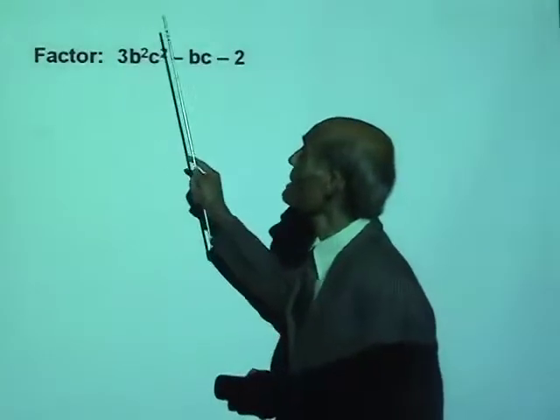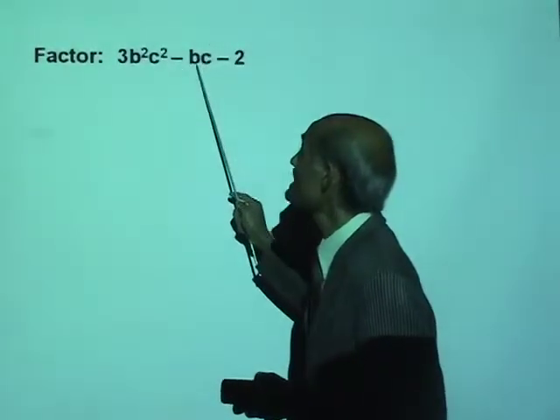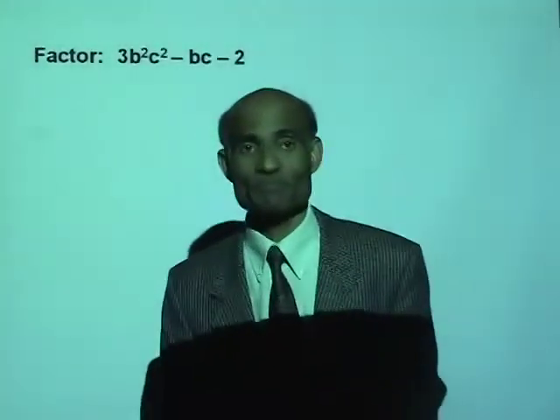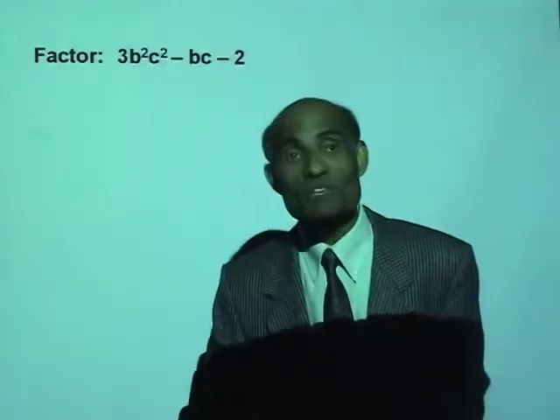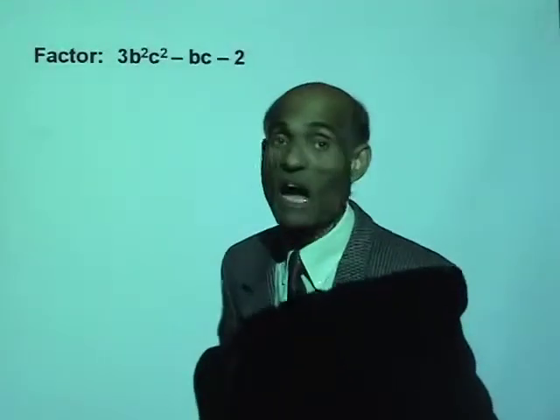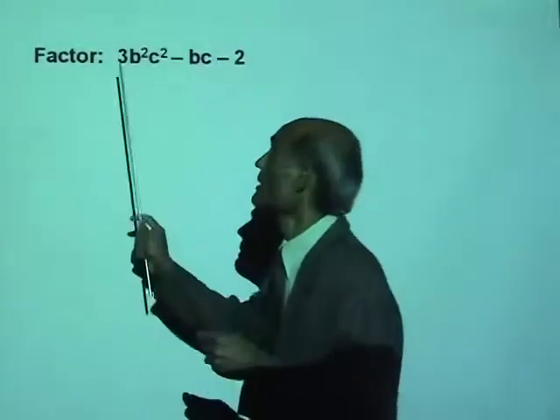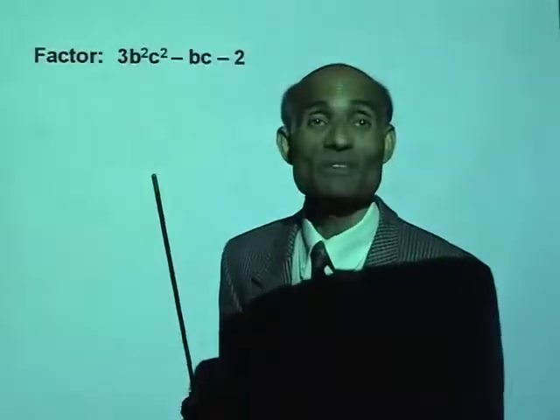Factor 3b squared c squared minus bc minus 2. Okay, what's the first thing to do? Are there any common factors that you can pull out? There are no common factors in those 3 terms.